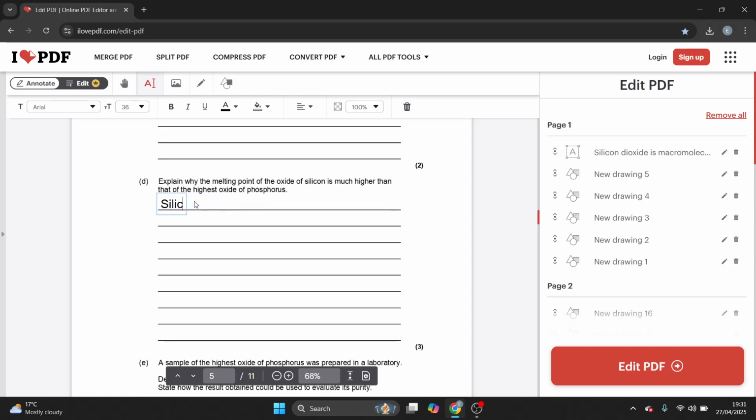So again, you get 2 marks for this. You're stating silicon dioxide is macromolecular, or you can say giant covalent. Phosphorus oxide is molecular, simple covalent.